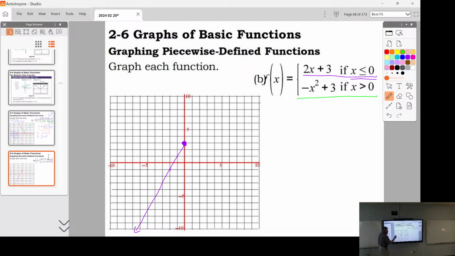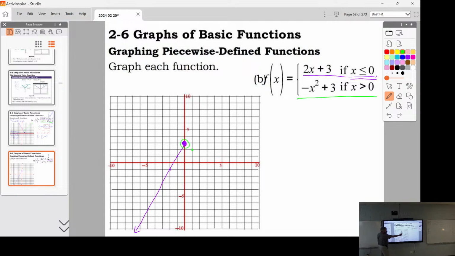So it starts at 3, open or closed circle. Okay, I'm putting an open circle there because it's greater than 0, which means this parabola is only going to the right. Okay, and 1 squared is 1, so I'm going to go down 1 from my original point.